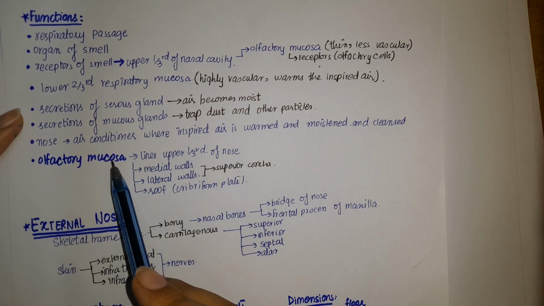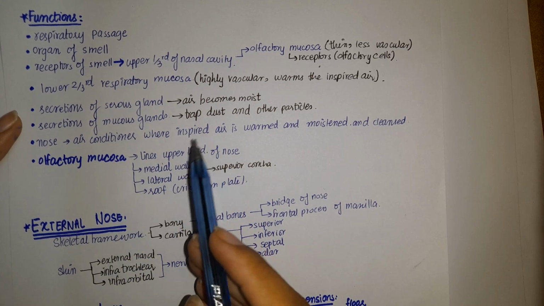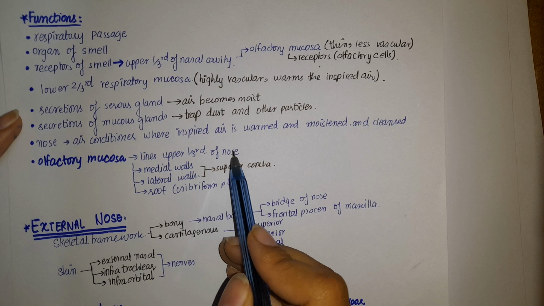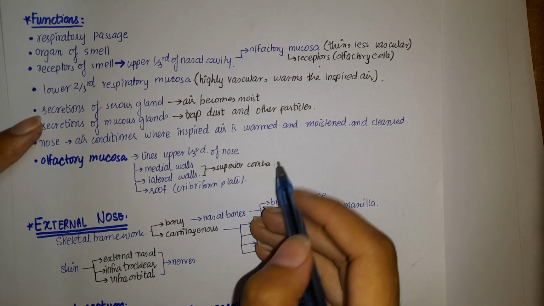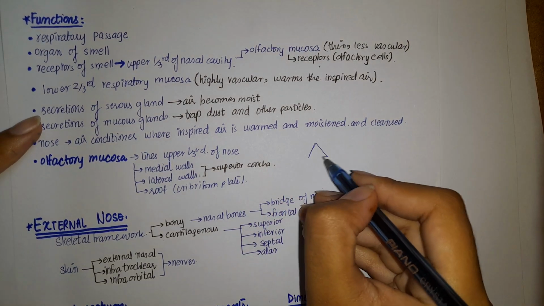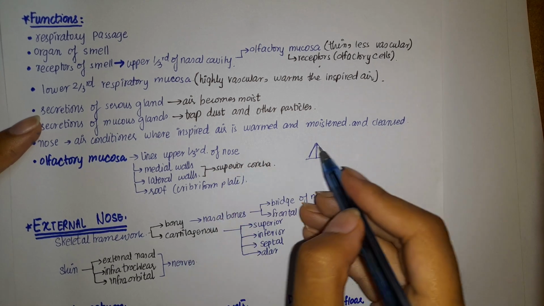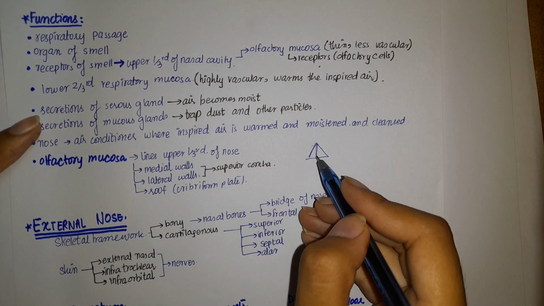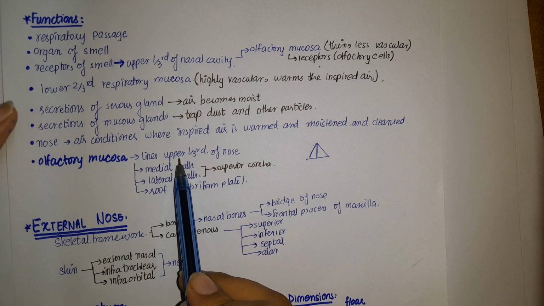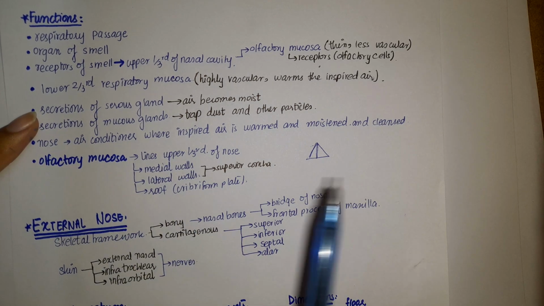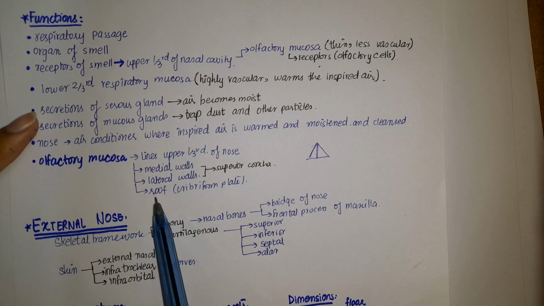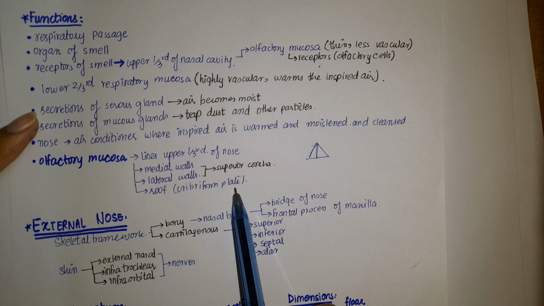Now we have the olfactory mucosa in the upper 1/3 portion. As I told you, it is lined by olfactory mucosa. Also, nose has lateral wall and medial wall, and both of them are lined by the olfactory mucosa, and the roof as well, which is formed by the cribriform plate.